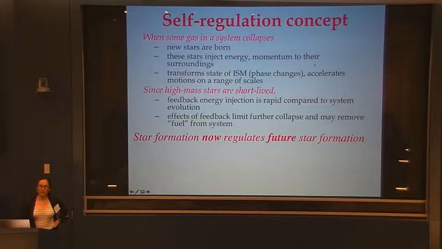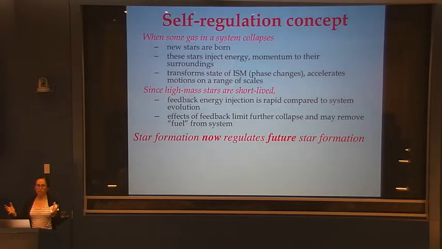So the basic concept of self-regulation, so those were the feedback elements in a sense. Then on the other hand, what do those elements do? The basic concept of self-regulation is that when some gas is collapsing and making some stars, these stars, the massive stars anyway, inject energy and momentum to their surroundings.